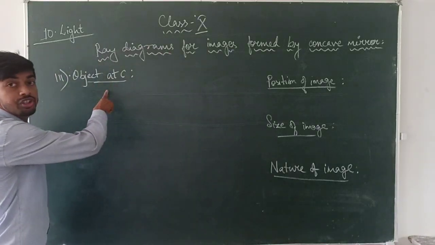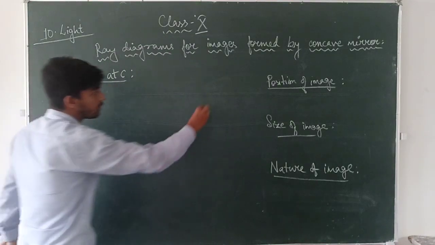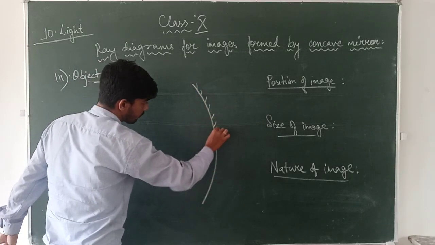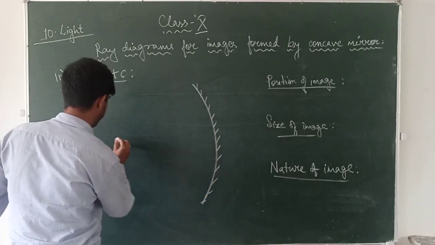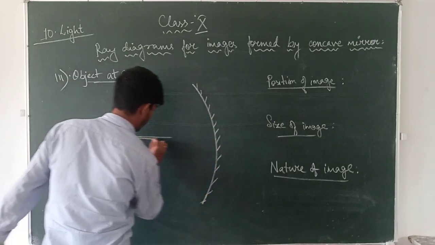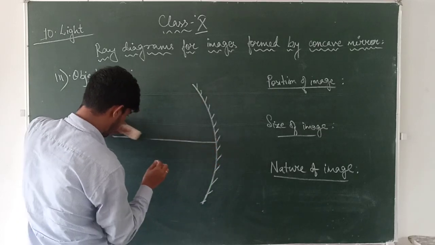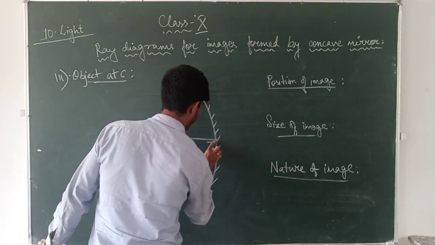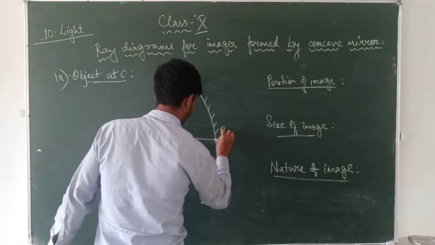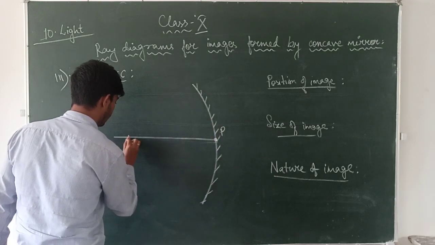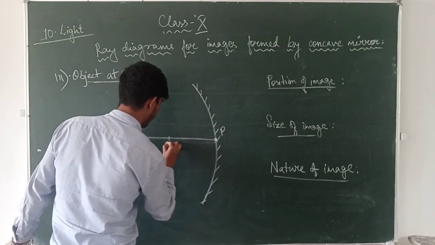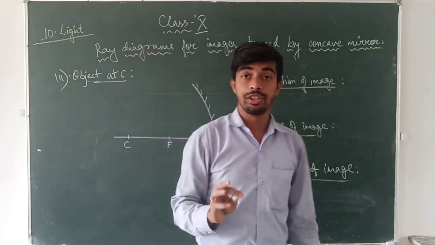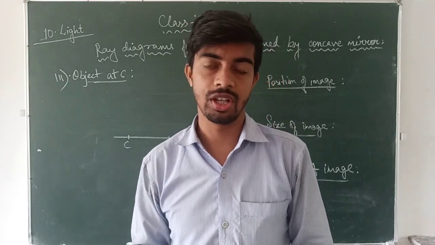So the third position will be the object at C. As usual, I suggest you get a proper image every time.